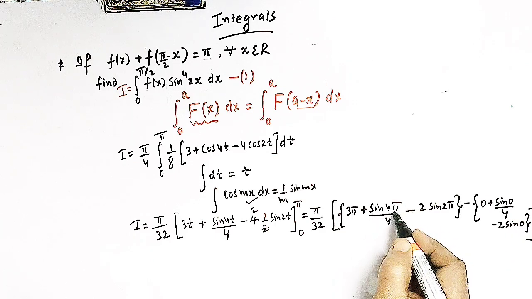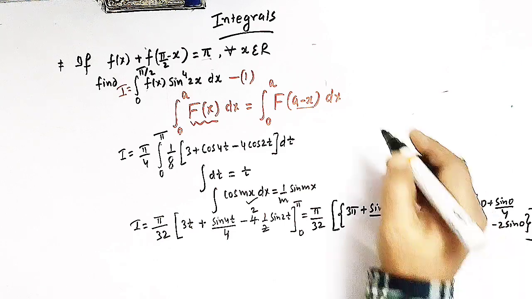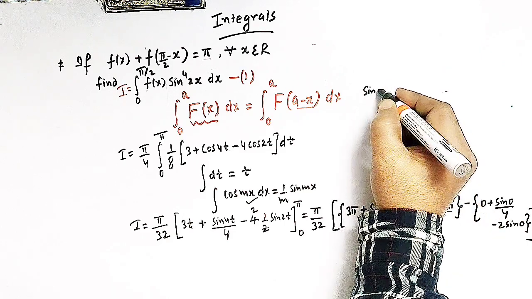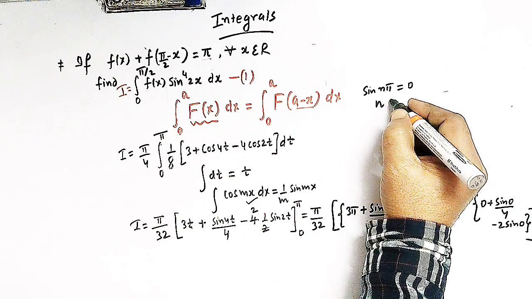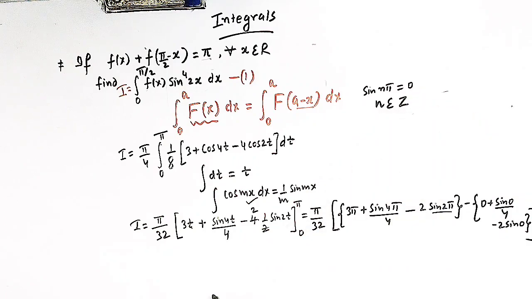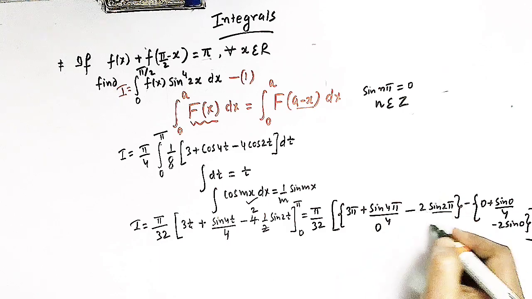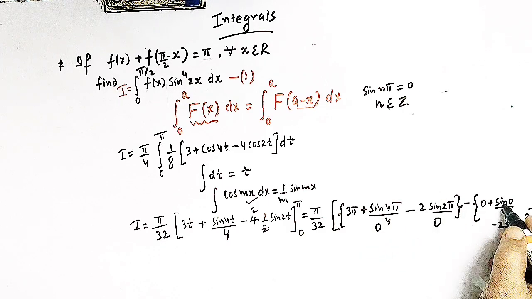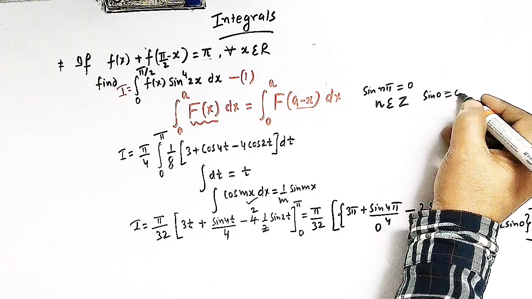Now the value of sine 4 pi is 0, sine 2 pi is also 0, because we know that sine n pi is equal to 0 for all n belonging to the set of integers. So this term is 0, this term is also 0, and this is 0 because sine 0 is 0.